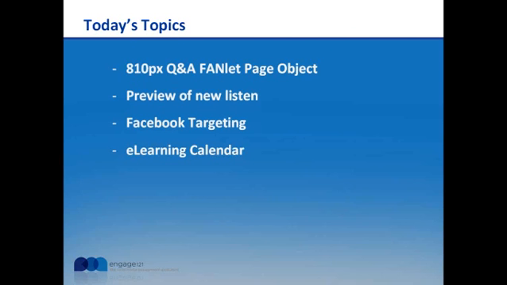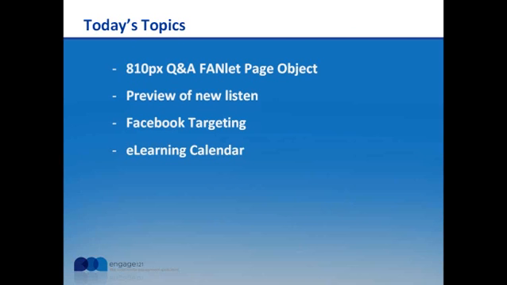Without that, if we just take the narrow ones and just stretch them out to fill that space, then things either end up distorted or the object ends up very tall and you end up scrolling through to see the whole thing. So any sort of guidance that you can give us on how you'd like to use these fanlets will help us a lot in how we design them to fit that 810 frame.